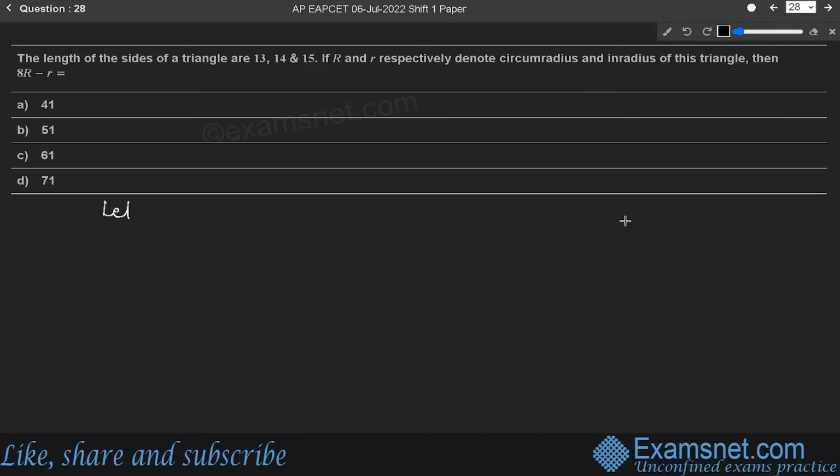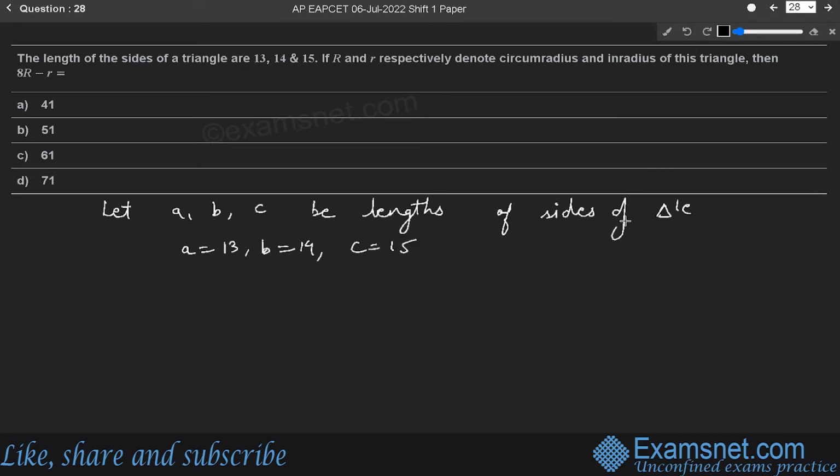Now, let a, b and c be the lengths of the sides of the triangle. It is given that a is equal to 13, b is equal to 14 and c is equal to 15. So the semi-perimeter, which is denoted by s, will be equal to a plus b plus c upon 2.